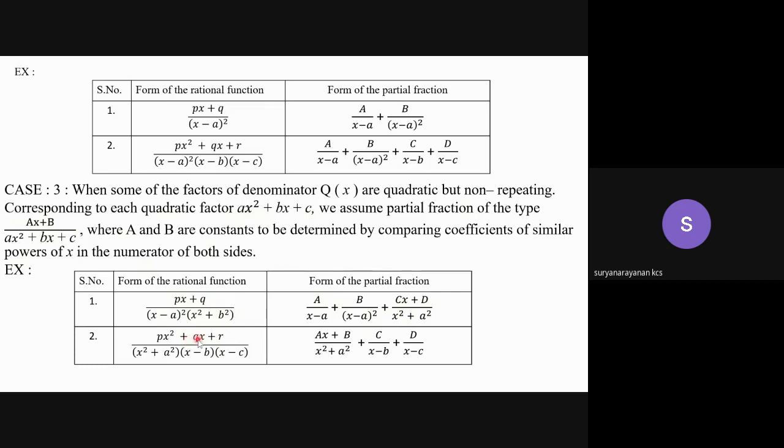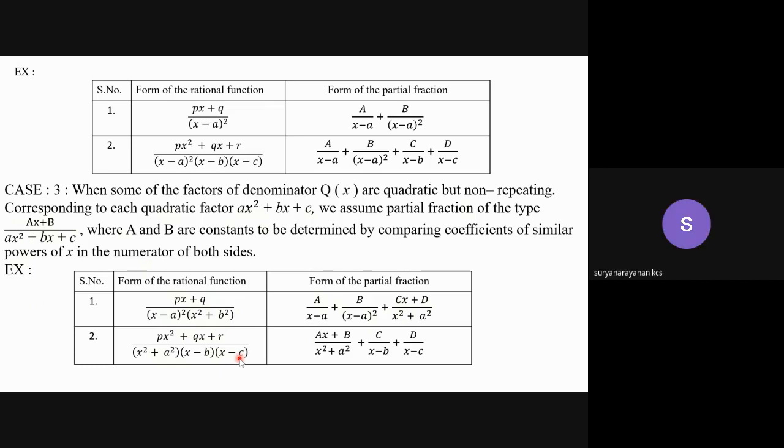(px square plus qx plus r) divided by (x square plus a square) into (x minus b) into (x minus c). Is this rational function a proper rational function? Yes, sir. What is the degree of the numerator? 2, sir.